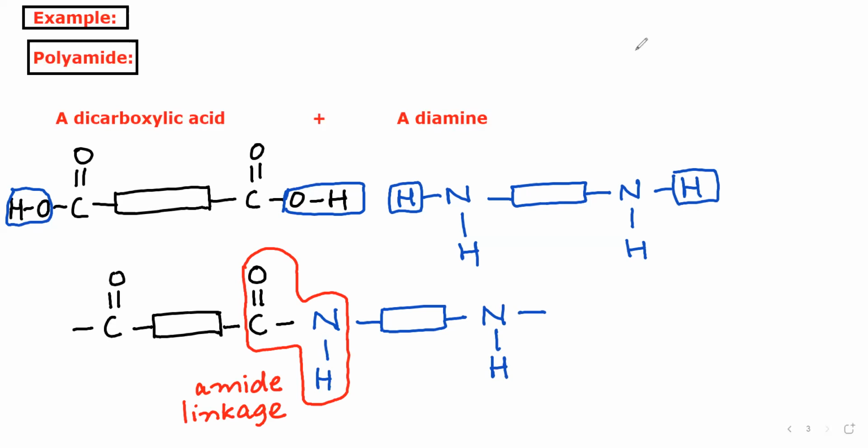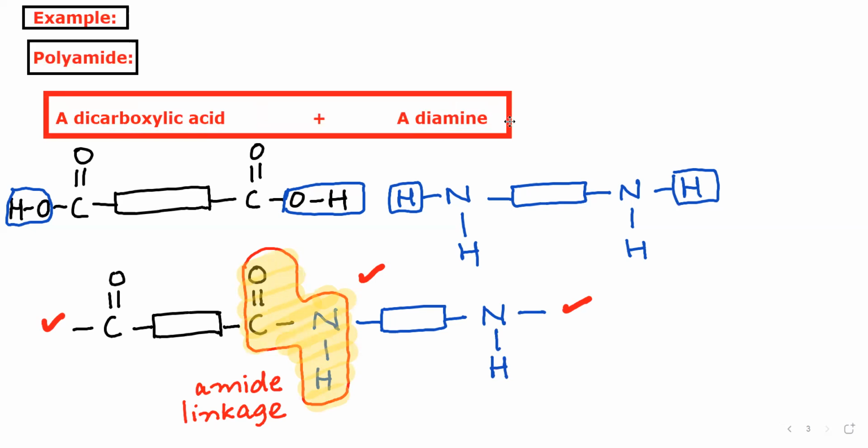This is how in the exam we will be required to show ester or amide linkage. So this is how we make sure that we have the correct linkage and we have continuation of bonds on both sides. This is the main concept of drawing a polymer, since it is a long chain of molecules.